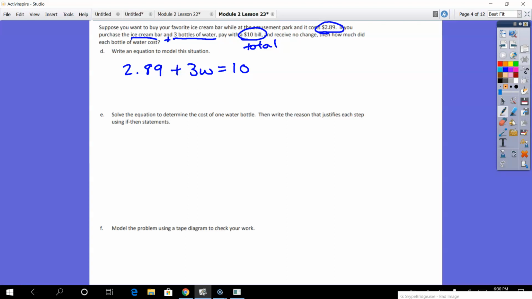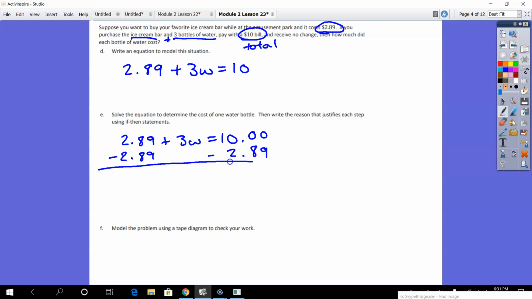So again, go ahead, pause the video, solve that equation. Okay. So we're subtracting $2.89 from both sides, so we should line up our decimals. So add a decimal and 2 zeros behind that 10. Justify our reasonings.